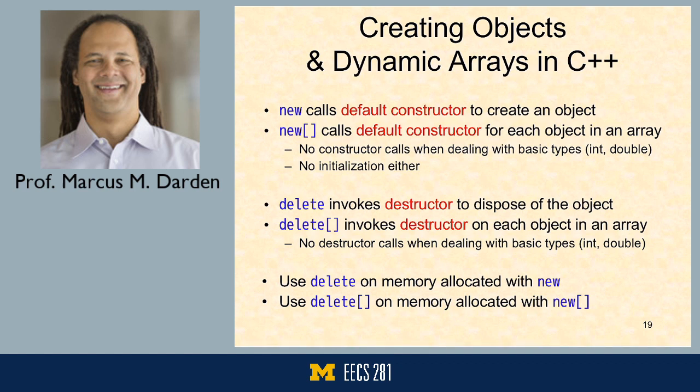I've seen so many errors in code by people not initializing a member during a constructor. So make sure you initialize with constructors. Delete, of course, if I've got a built-in type, it just makes the memory go away. But if I've got an object, it's going to call the destructor. If I call delete with square brackets, it's going to call the destructor once on each object. So that code is important code as well.